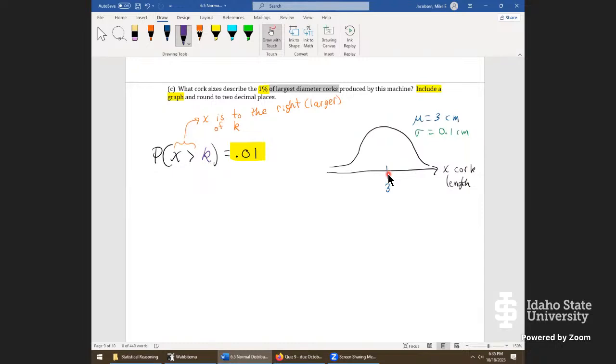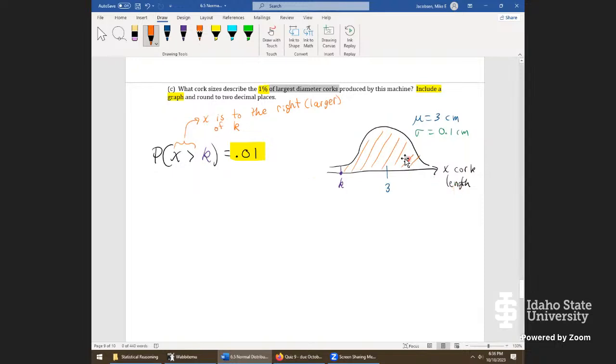Sorry, say again. If X is larger, it would need to be to the right of K. That's a good way to think about it. If we put K, say, here, then I like the way you're reasoning through this. X has to be to the right of K, so X is somewhere in this location.